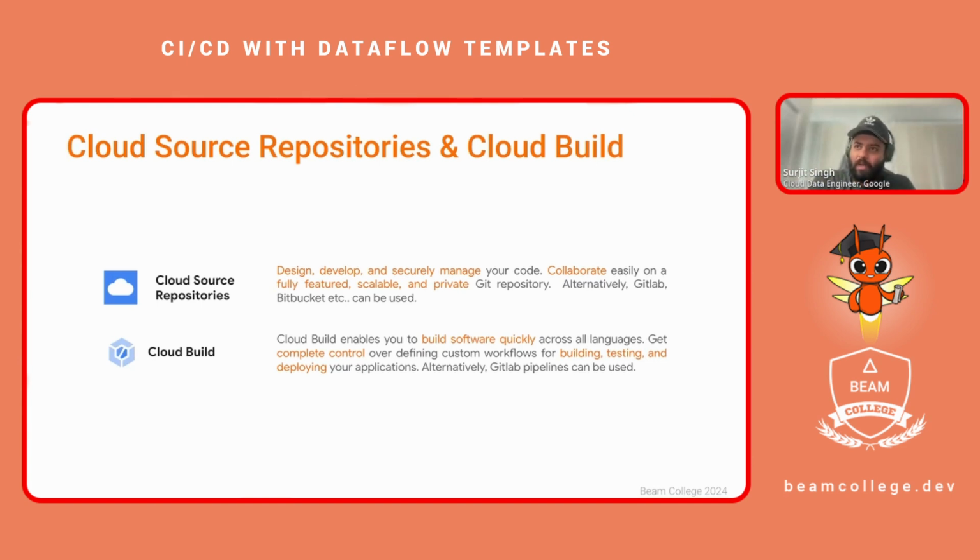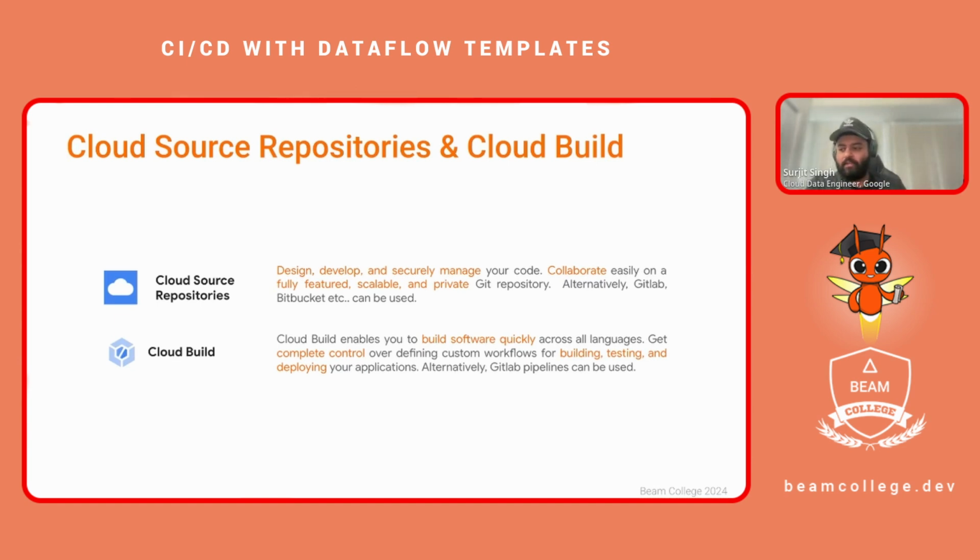The second is Cloud Build. Cloud Build lets you build your DevOps or deployment applications using YAML. So you can integrate your code repo with Cloud Build to run your code.